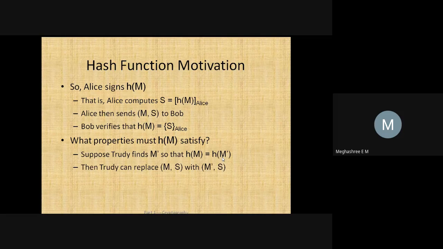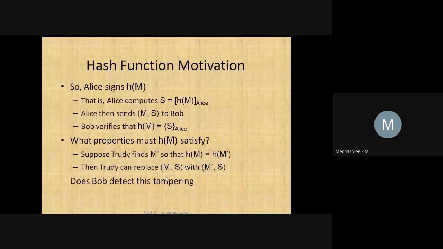Trudy will replace M and S. This was supposed to be sent by Alice to Bob. He replaces this message with M dash and S. But can Bob detect the tampering? No, right? Because the hash values of both the messages are the same.